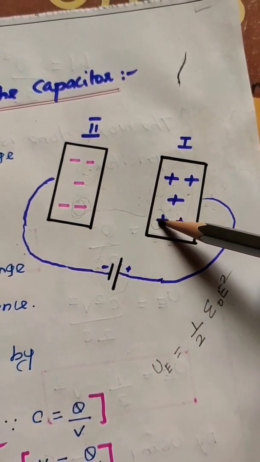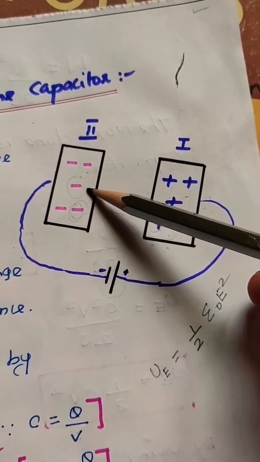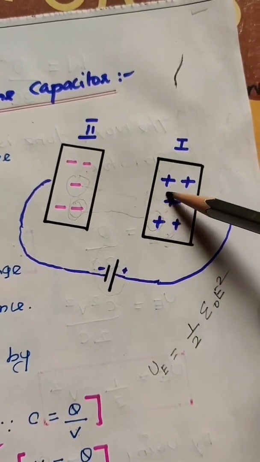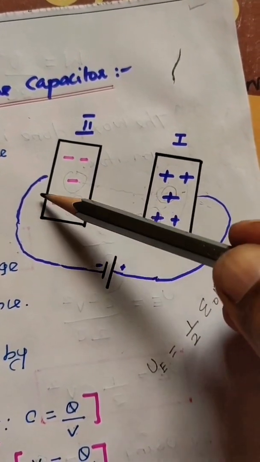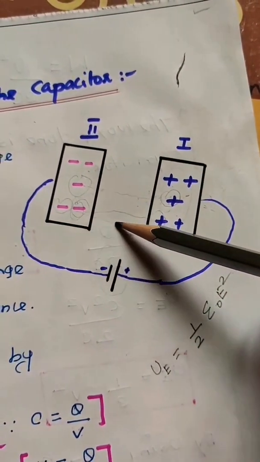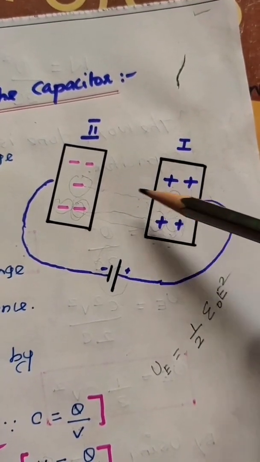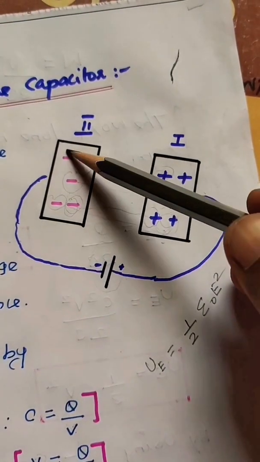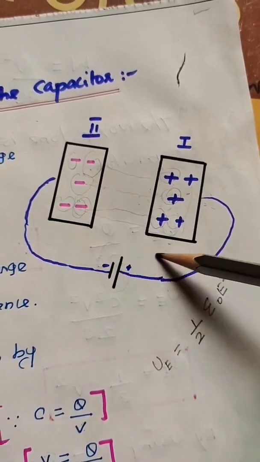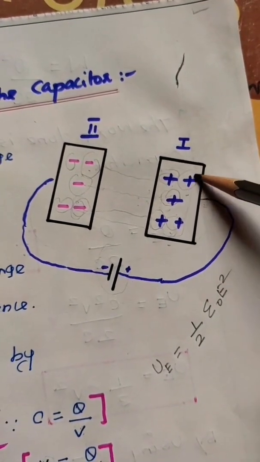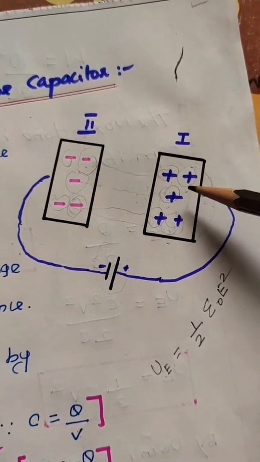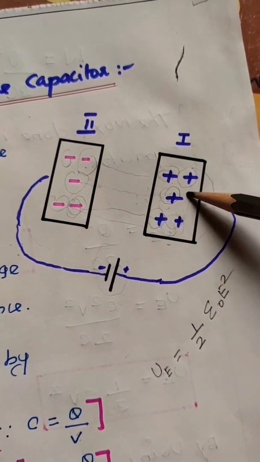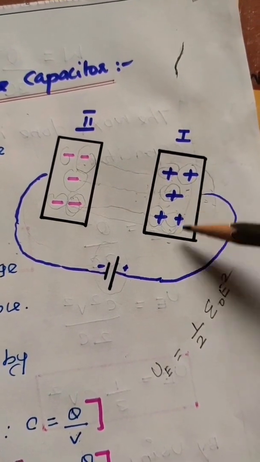In the same way, all the negative charge neutralizes the positive charge, so the capacitor reduces its charge. The charge can be retrieved in this way.